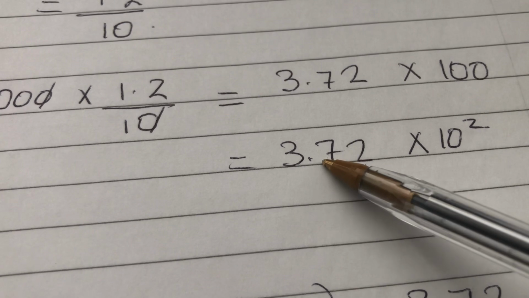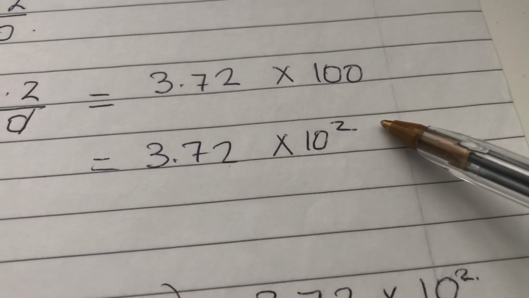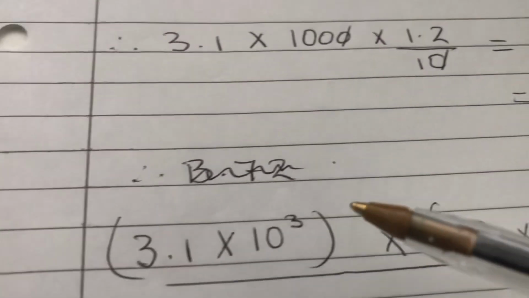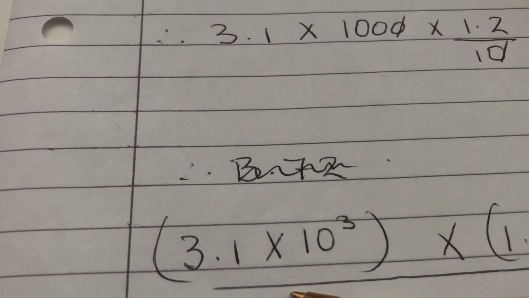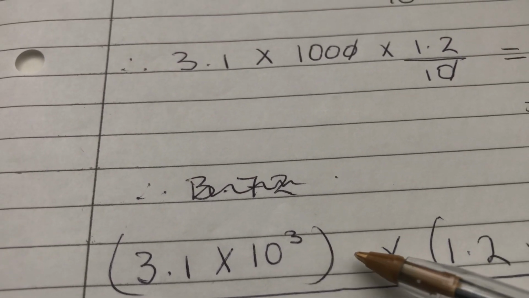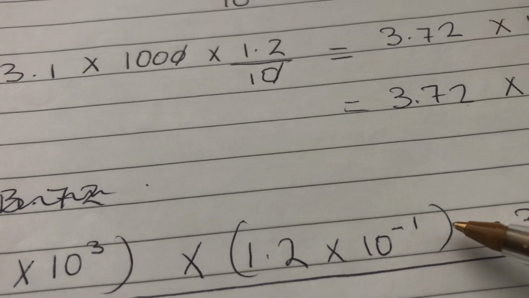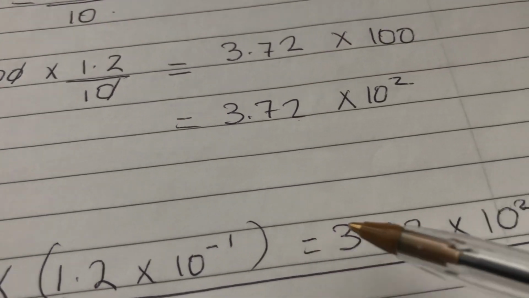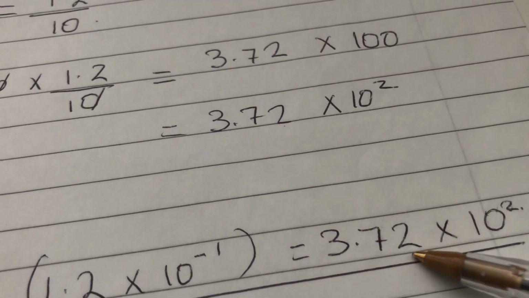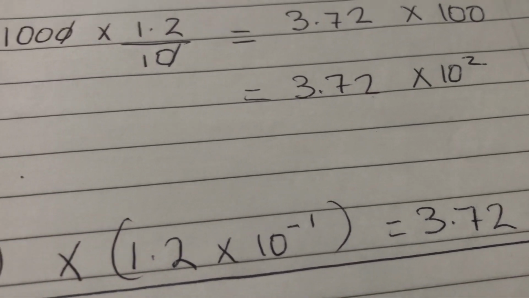So again, 3.72 times 10 to the power 2. So 3.1 times 10 to the power 3 times 1.2 times 10 to the power minus 1 will give you 3.72 times 10 to the power 2. Okay.